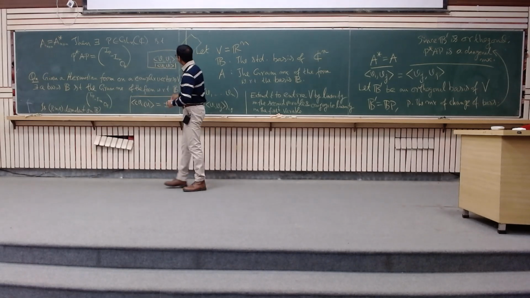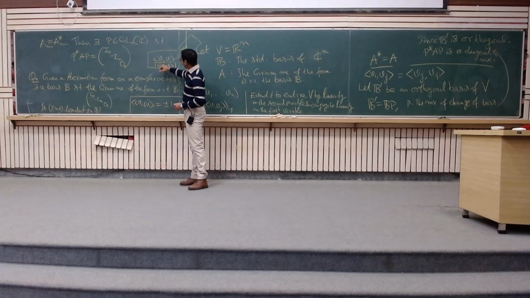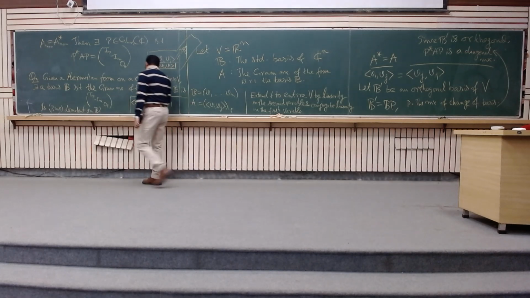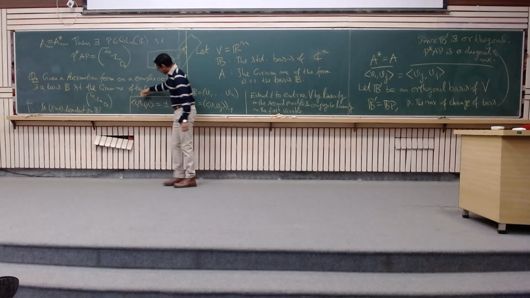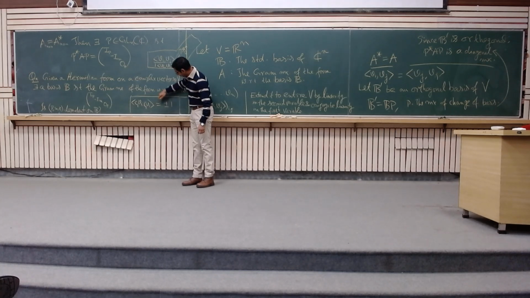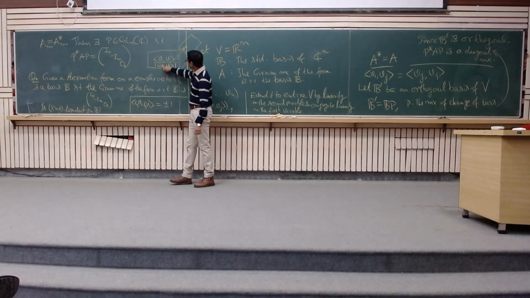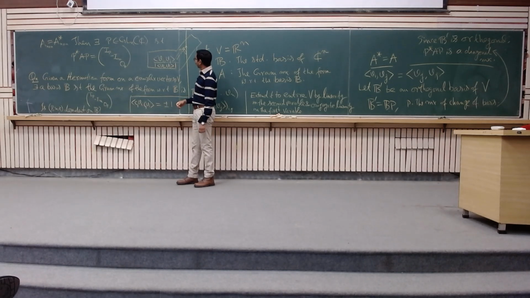Now for each i, you can fix some constant Ci such that Ci Vi with Ci Vi will be plus or minus 1. And how do you choose this Ci? You just take the square root of this norm, I mean the absolute value. Because this is real, right?